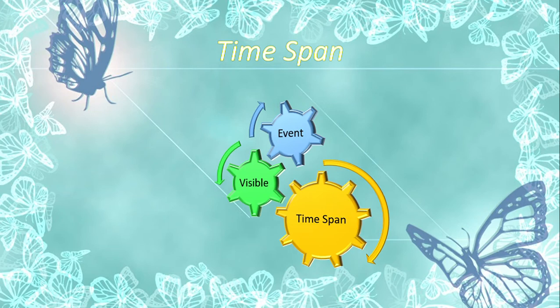So basically it is when an event becomes visible to some person. So blue to green to yellow years. When an event becomes visible to the local people, its approximate time is known as the time span.